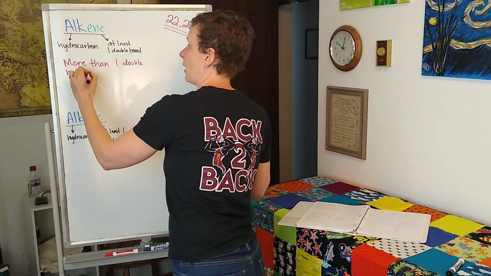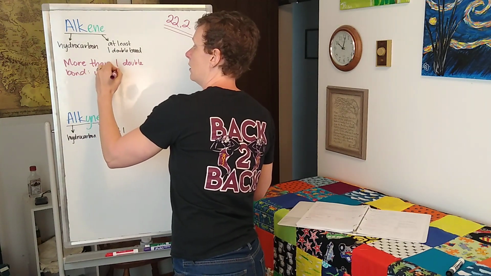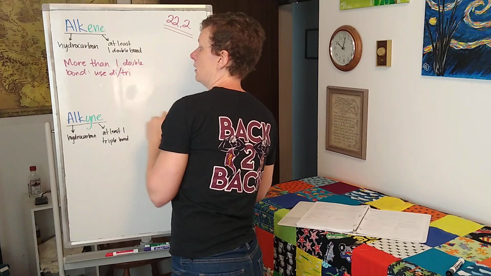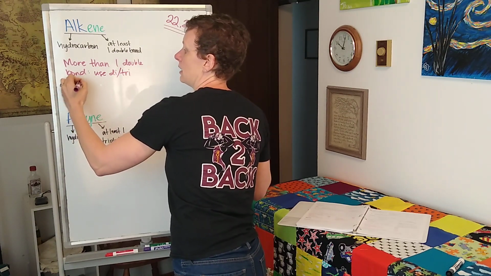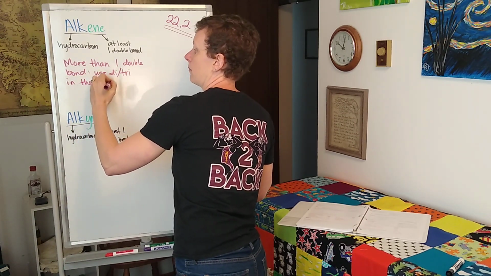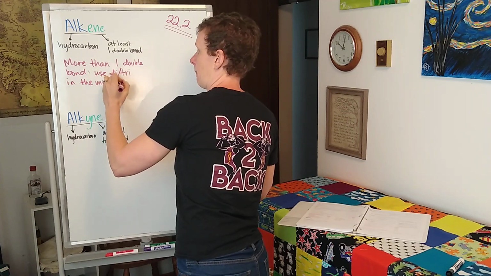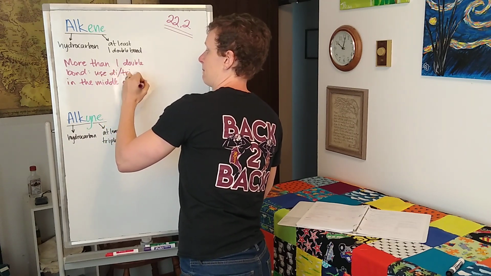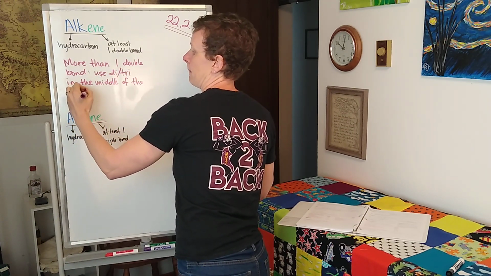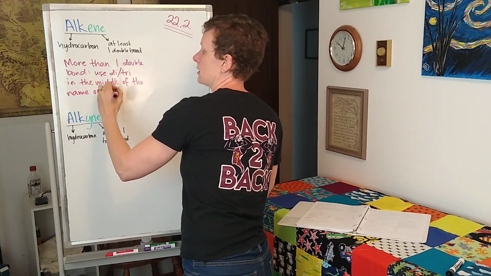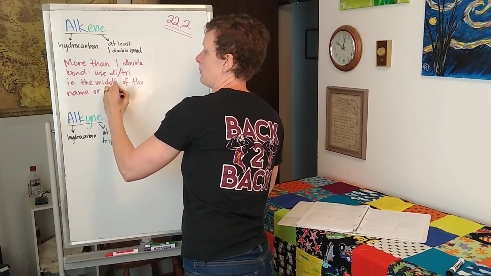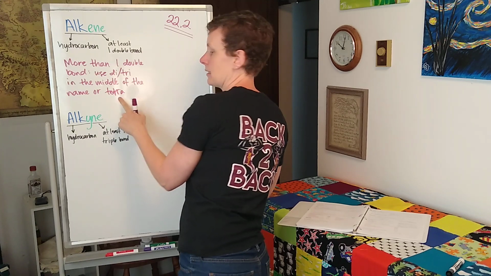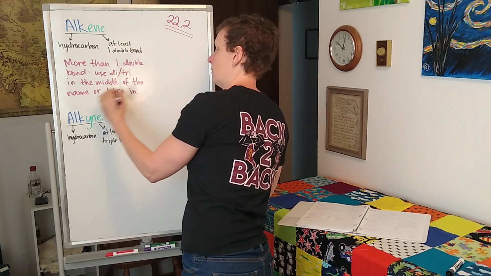So more than one double bond, you use di or tri in the middle of the name, or tetra in front. And don't ask me why, I didn't make the rules. That says tetra, by the way, in front.